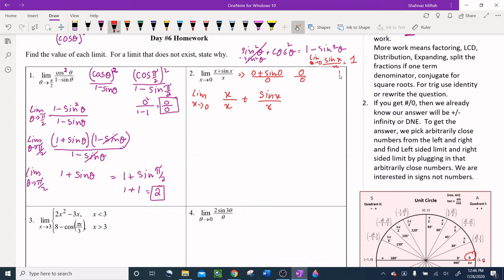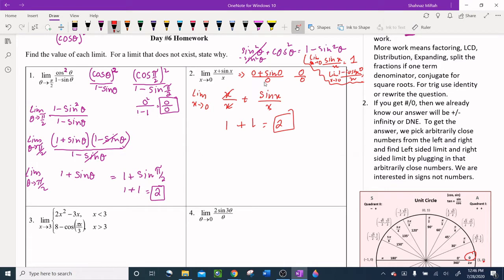And I had another one, 1 minus cosine x over x, limit as x approaches 0, and this one was equal to 0. So you remember these identities over here. Sine x over x, since it's approaching 0, I know it's going to be 1. And they cancel out, so I got 1 plus 1, which gives me 2.